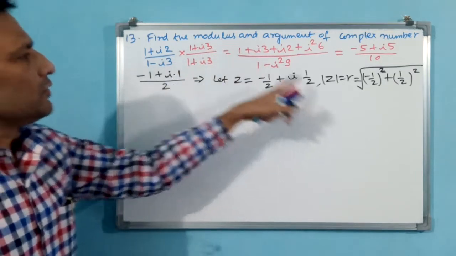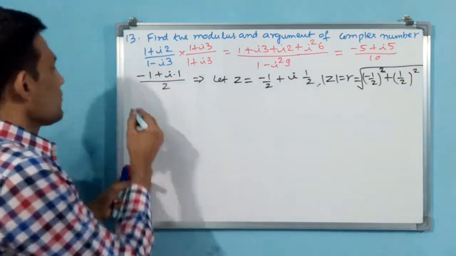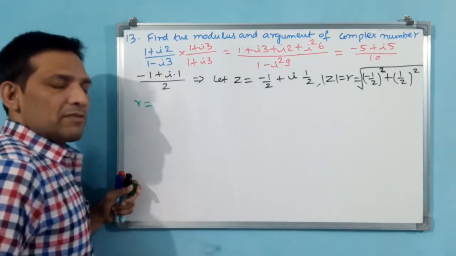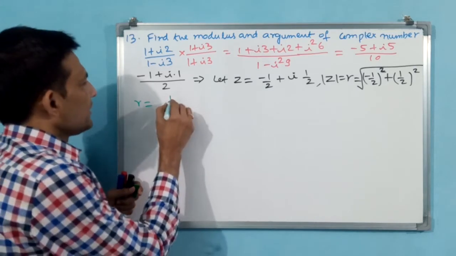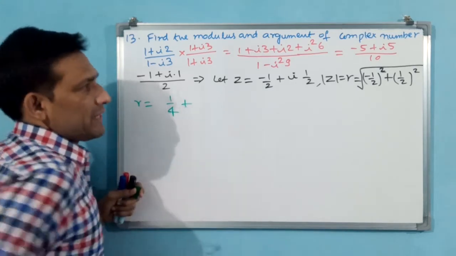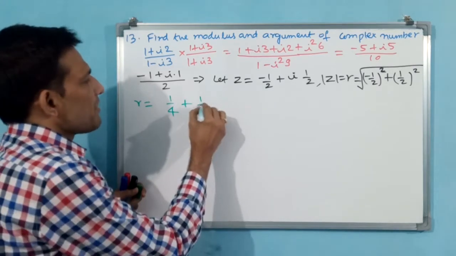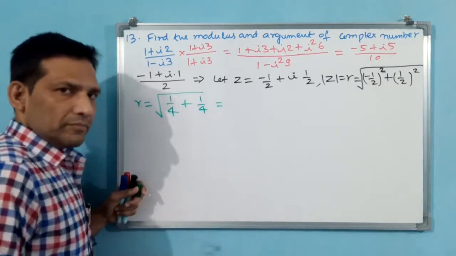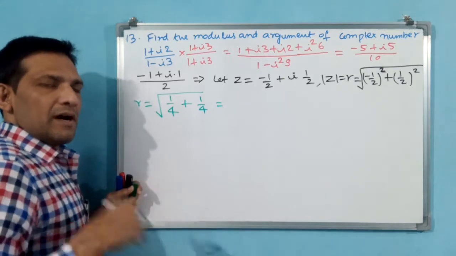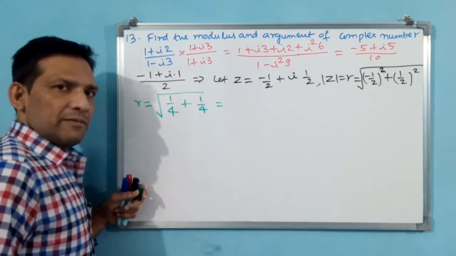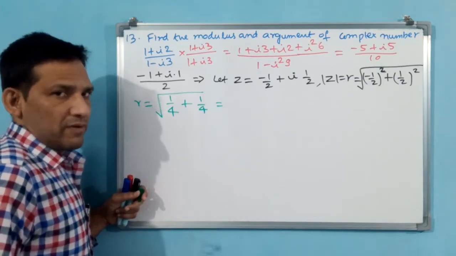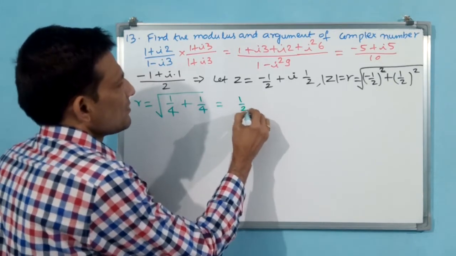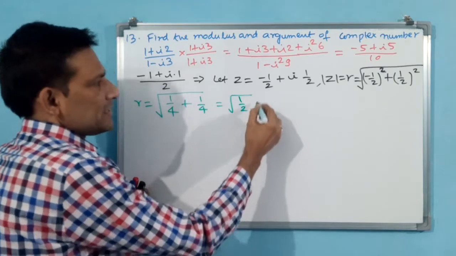He asked for the modulus only, but finally you have to simplify it. Minus 1 by 2 whole square means 1 by 4, plus 1 by 2 whole square means 1 by 4, under root. 1 by 4 plus 1 by 4 is 1 by 2, under root.